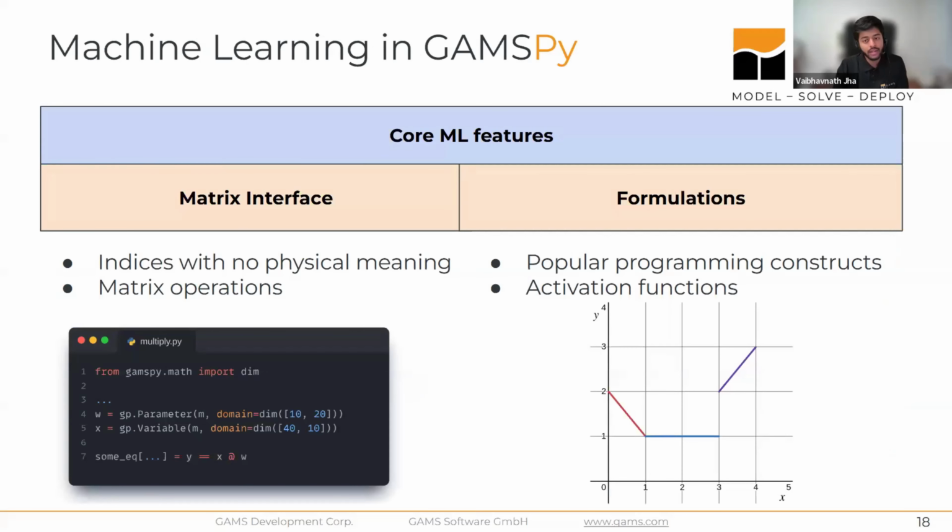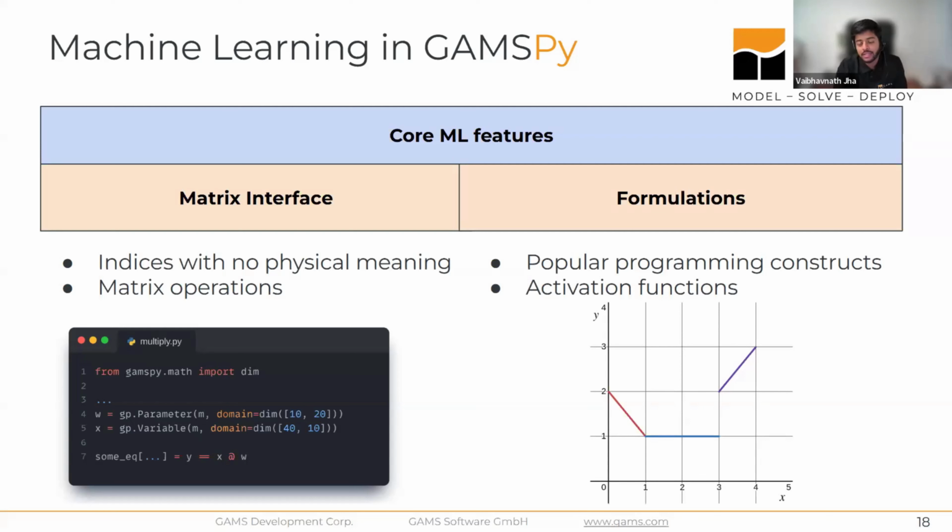Let us take a look at two core machine learning features that GAMSPy provides. First is the matrix interface. While algebraic formulation of constraints are usually the best choice when it comes to classical optimization models, in machine learning there are cases where we need to deal with aspects of, let's say, a neural network. For example, a linear transformation done by a linear layer of a neural network, where the indices or the equation defining that linear transformation have no physical meaning.